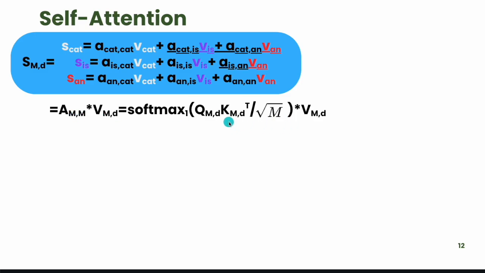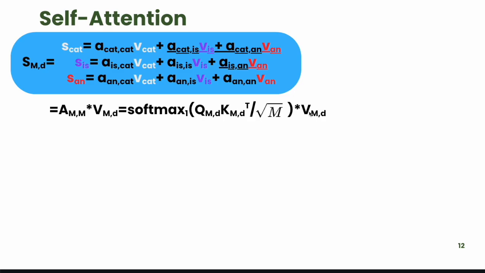So these 2 matrices are very much the same as the value matrix. The only thing that was different was we were using different trainable parameters for these three matrices. But the dimensions of these trainable parameters were the same, and the way they were multiplied by our input were also the same.